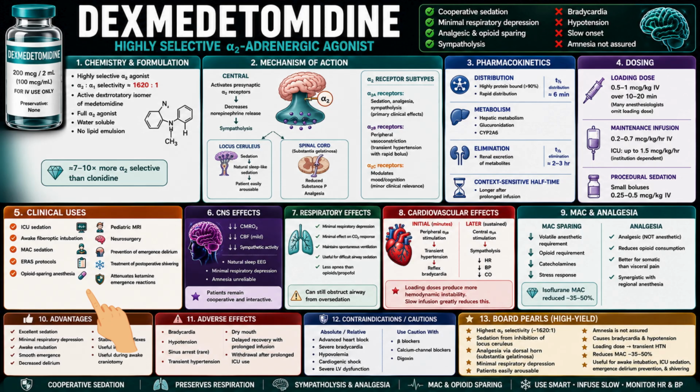ICU sedation. This is the primary FDA-approved indication for dexmedetomidine. For mechanically ventilated ICU patients, dexmedetomidine provides sedation that resembles natural sleep. Multiple landmark ICU trials demonstrated that dexmedetomidine-based sedation resulted in fewer days on the ventilator, less delirium, and shorter ICU stay compared to benzodiazepine-based sedation.